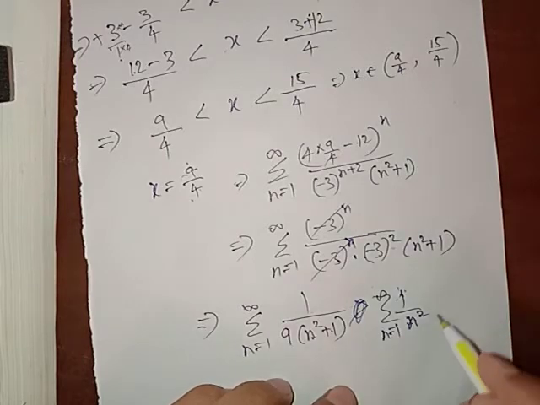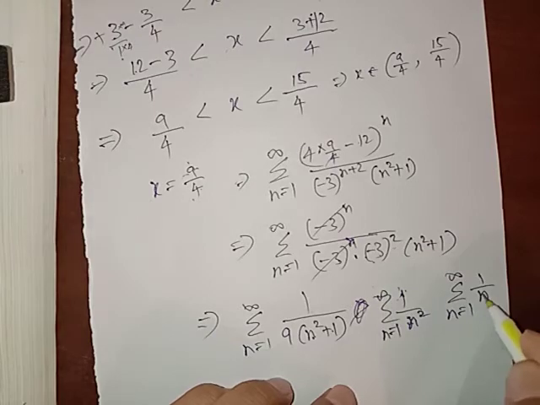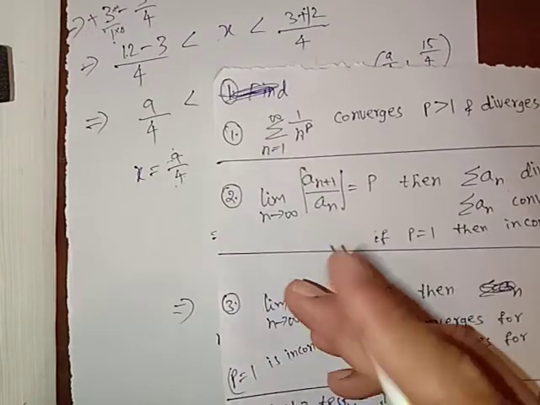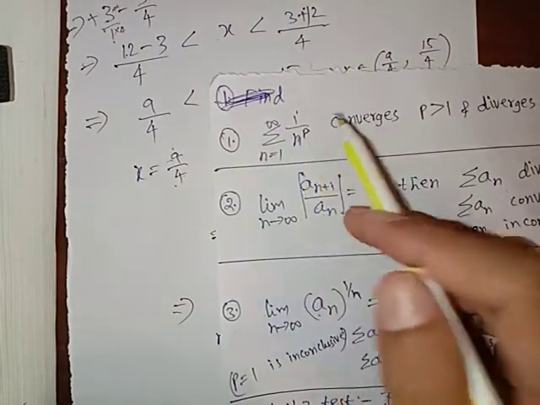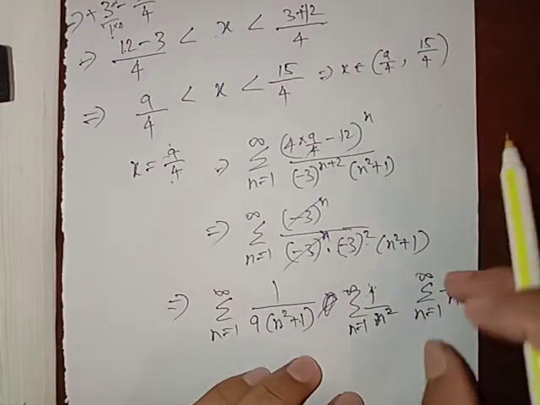And we know that the series from n is equal to 1 to infinity of 1 by n, here p is equal to 1, so this diverges.